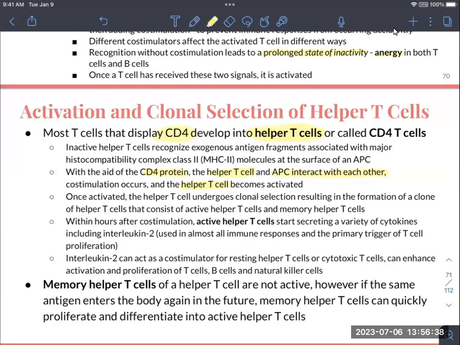After that T cell becomes activated, it goes through clonal selection, where it's going to make clones of itself. Within hours of that cell being stimulated, we have active T cells that are going to secrete these cytokines, mostly interleukin 2, that are going to cause an immune response.